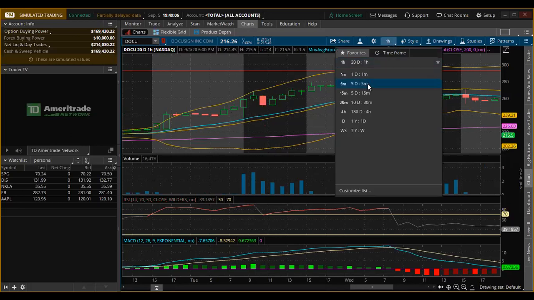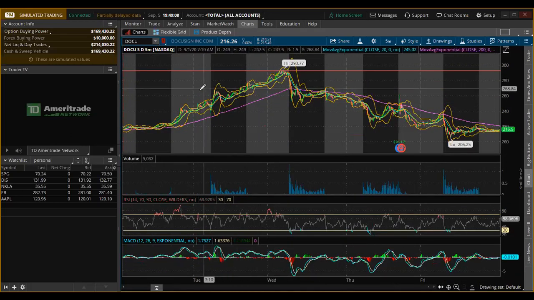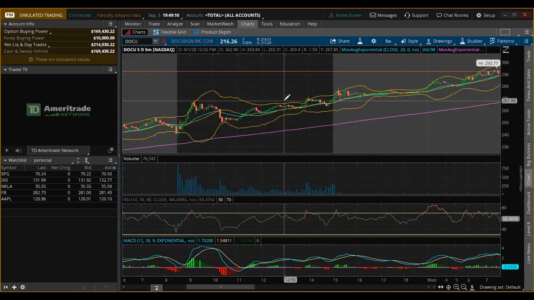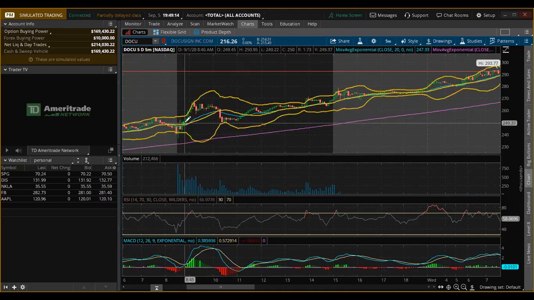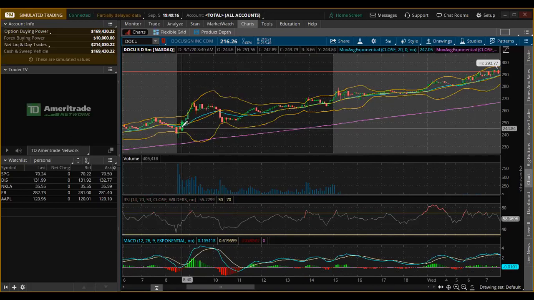Let's go to a 5-minute candle. See if there's another spot. So yeah, you have room. So right here, you see a candle, you see it still pushing. One of these 3, you could have gotten in. You would have seen this push down.